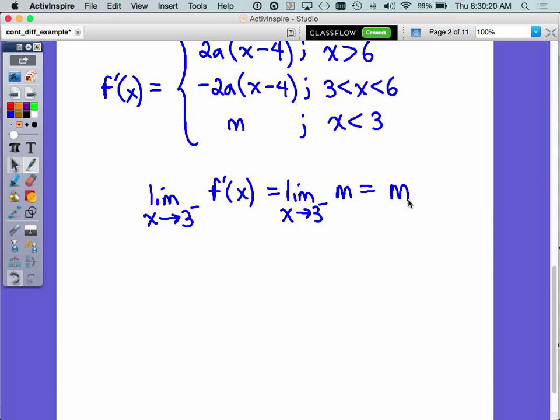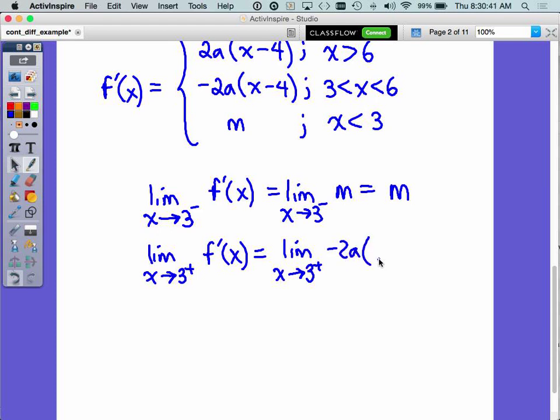Now I need the limit as x approaches 3 from the right of f prime at x, and from the right is going to be this function. So I have my negative 2a times x minus 4. And if I put in a 3, 3 minus 4 is negative 1 times negative 2a gives me 2a.